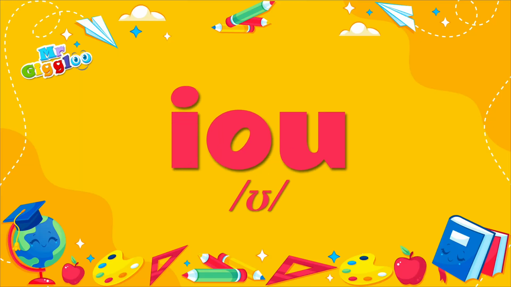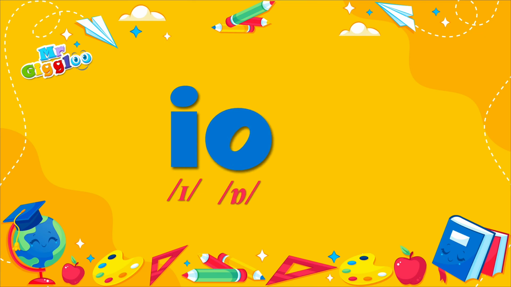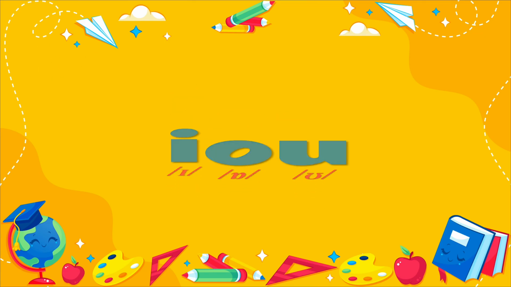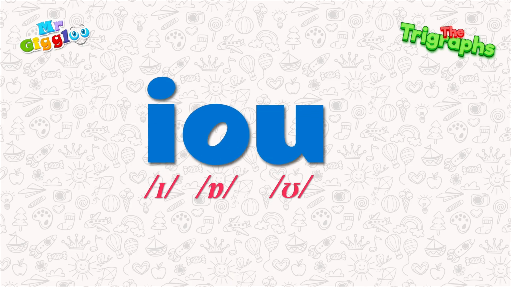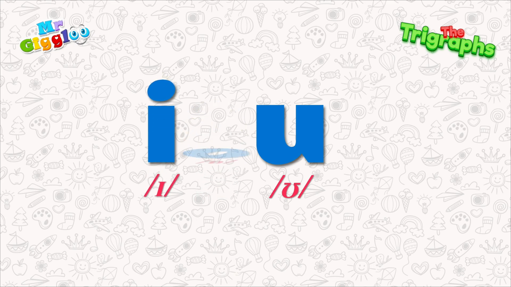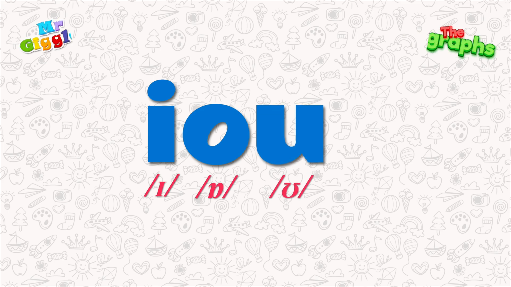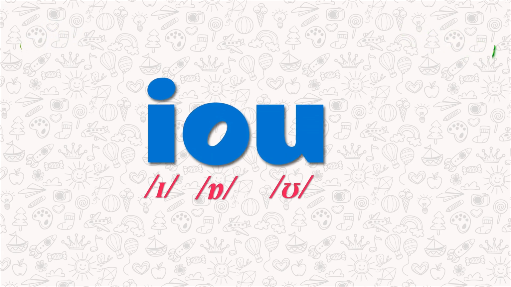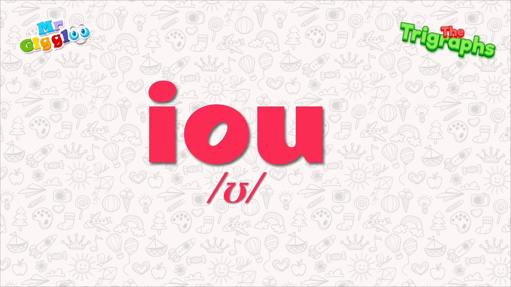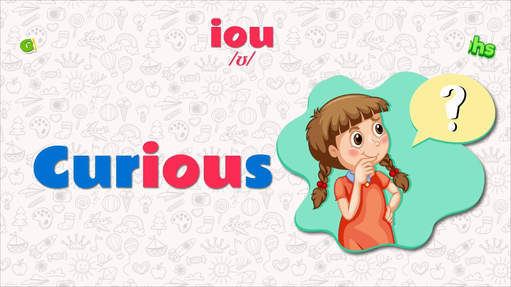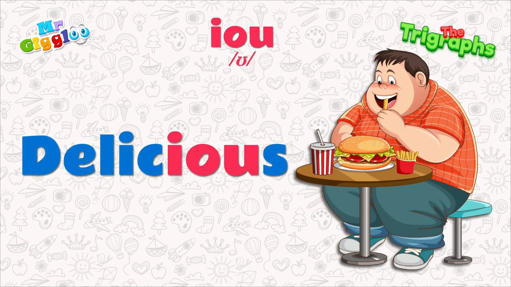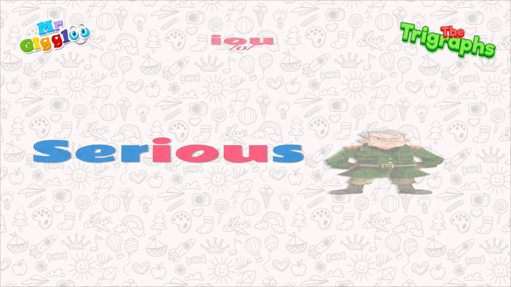The next trigraph is I, O, U. We already know the letter I makes the sound I, O makes the sound O, and the letter U makes the sound U. But when these three letters I, O, U come together, they make one single sound, like in the word curious, delicious, serious.